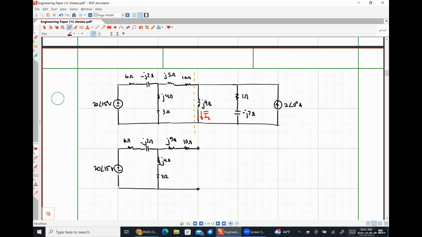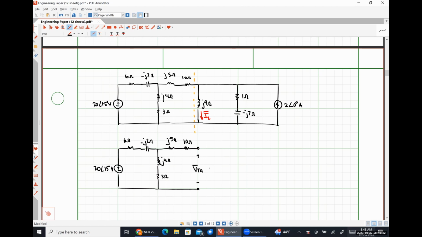But that just adds a step that I don't necessarily need, okay? So I'm going to solve for the Thevenin voltage. So the Thevenin voltage, VTH, how would I solve for that? Right, but how?